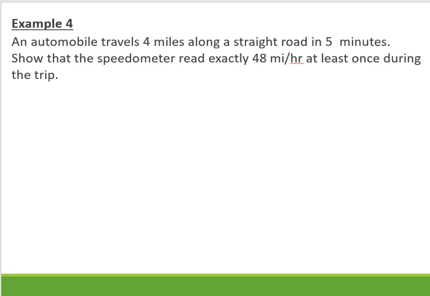Okay, so my average speed is 4 miles over 5 minutes. But I need to write that in miles per hour, so I'm going to multiply by 60 minutes in 1 hour, and that gets me 48 miles per hour.